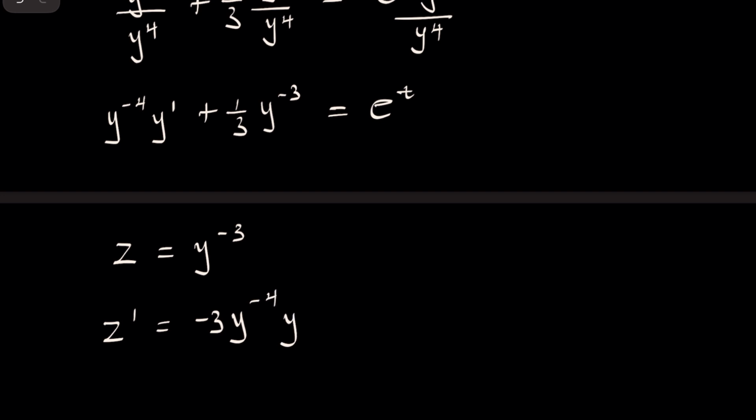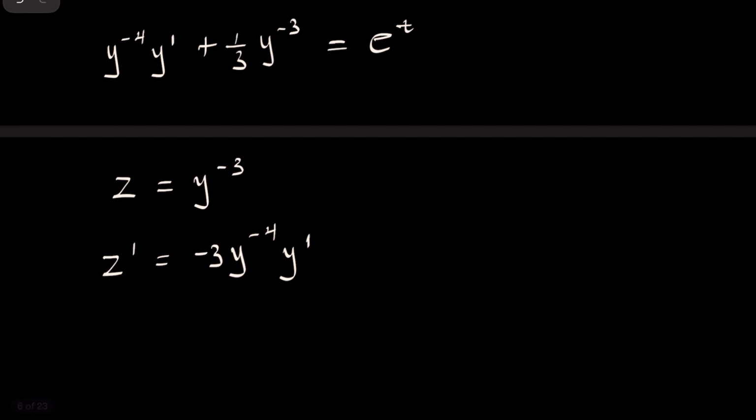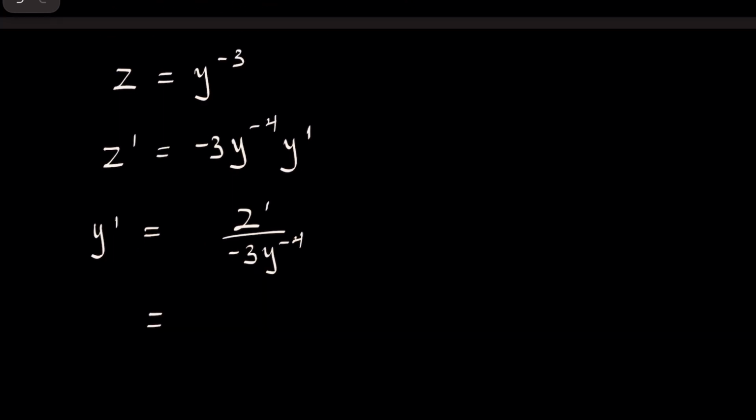Then we differentiate y, so that'll give us y prime. We are applying the chain rule in this case. Now let's find y prime, and so y prime will be z prime divided by minus 3 y exponent minus 4, and this is equal to minus z prime on 3 y exponent 4.